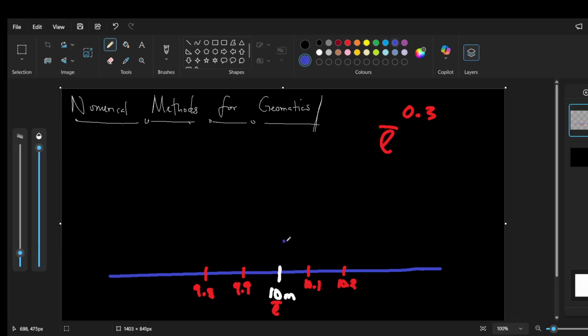You add 0.3, so you get to 10.3, and on this side you get to 9.7. So the standard deviation basically means all the other observations fall within this range. If you add and subtract it to the mean, all the other values should at least fall within that range.